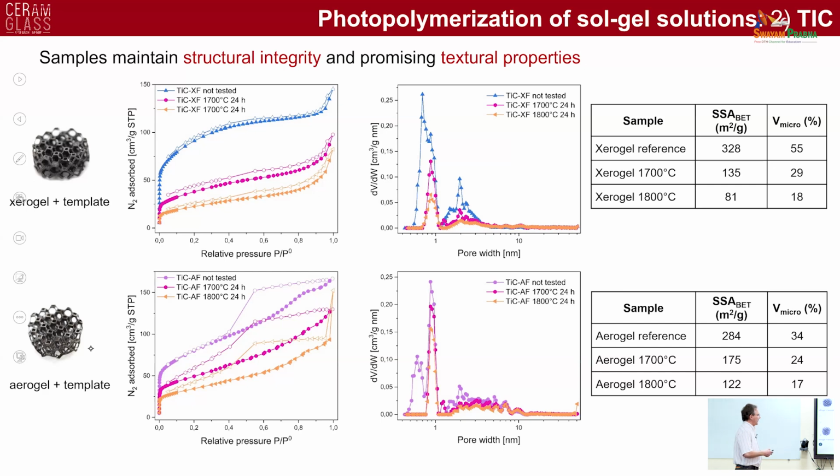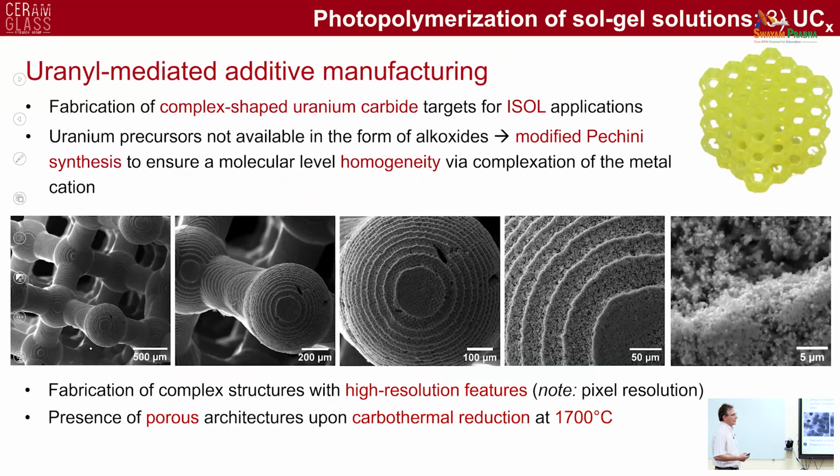And for the aerogel, we also had a similar behavior. You can see the change also in the pores, and basically you reduce the micropores, and that's why you're reducing the specific surface area. We were also interested in manufacturing uranium carbide targets for the same application.